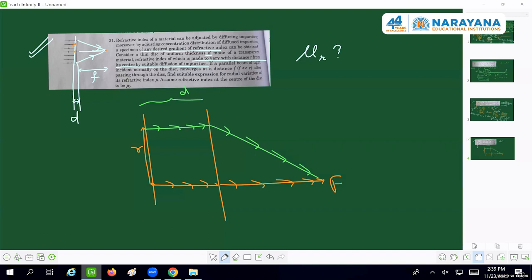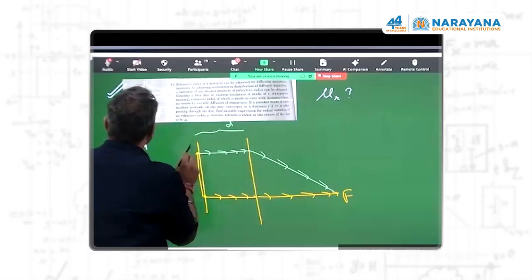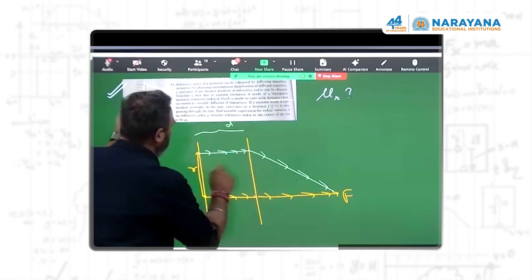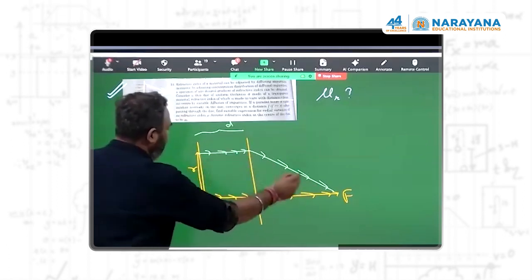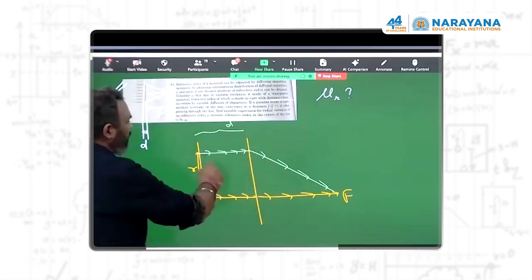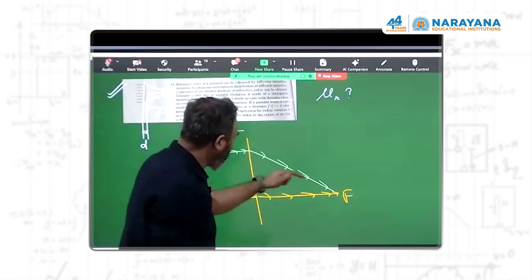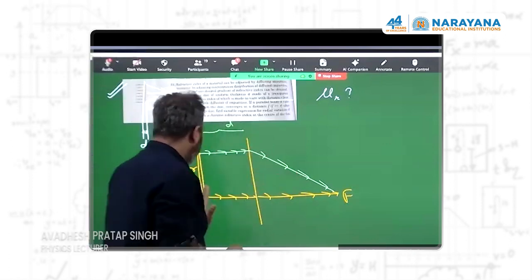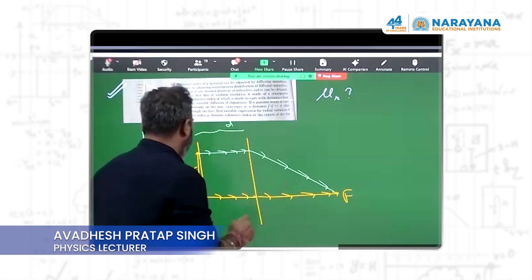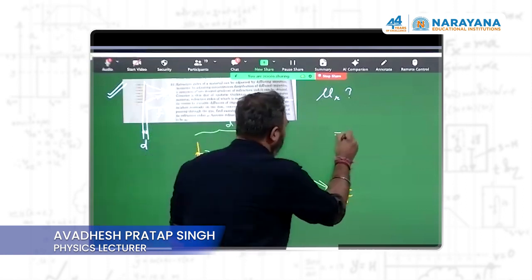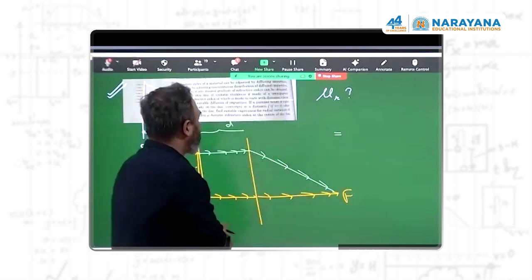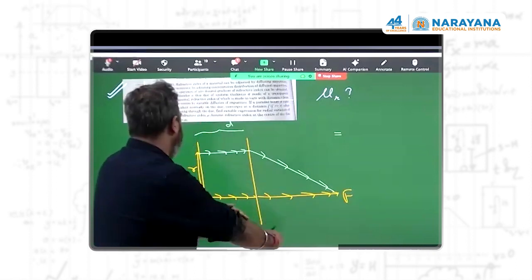Now it becomes obvious that the time taken by this green, which is not a single ray, it is a mere representation of all the guys who are at a distance of r. So this represents a general wave for me, or the normal to a general wavefront. And this is the wavefront for r equal to 0. So what I'm going to do is equate the time. And again, instead of time, I can equate the optical path.